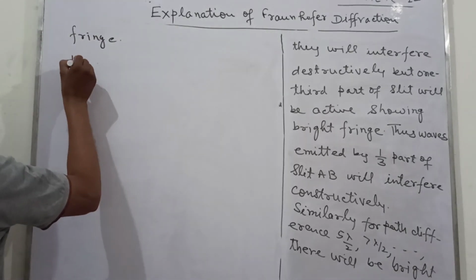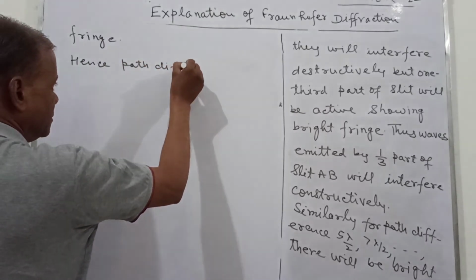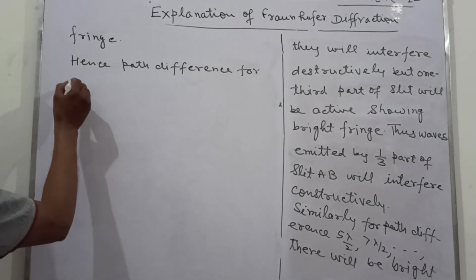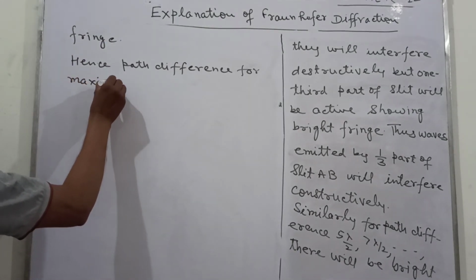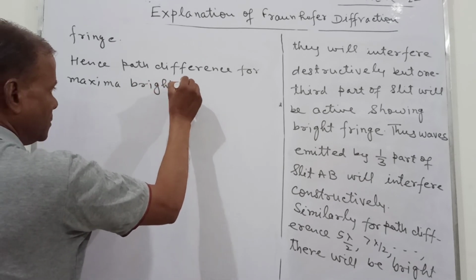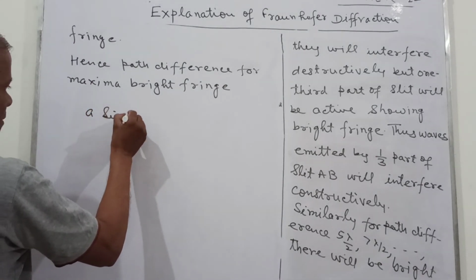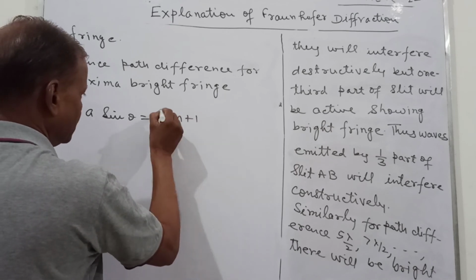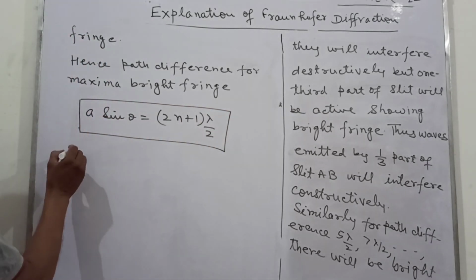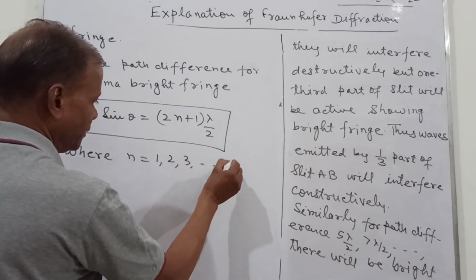Hence, the path difference for maximum bright fringe is a sin theta equal to 2n plus 1 into lambda by 2, where n equals 1, 2, 3, 4, 5 and so on.